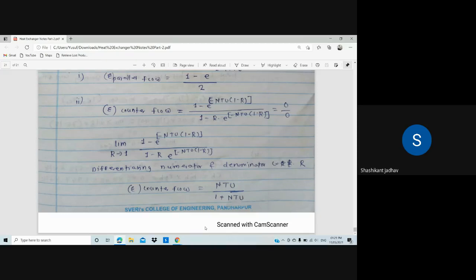What is meant by the L'Hospital rule? For the L'Hospital rule, we have to take the derivative of numerator and denominator. So we have to differentiate numerator and denominator with respect to R.